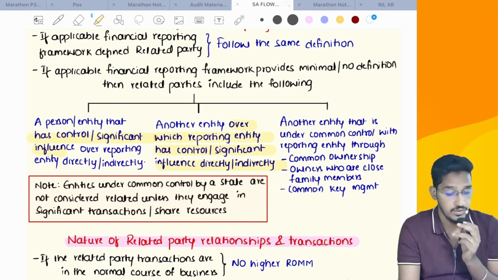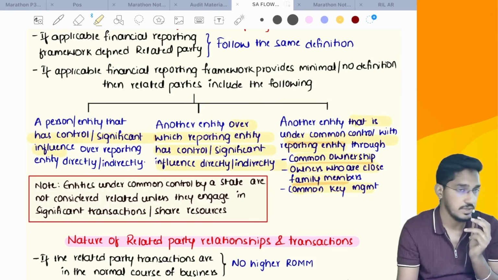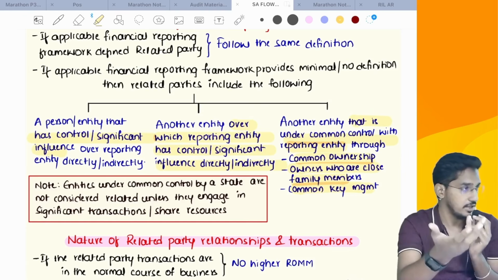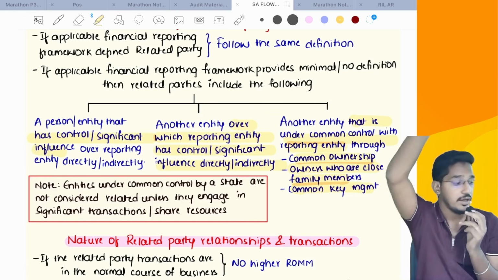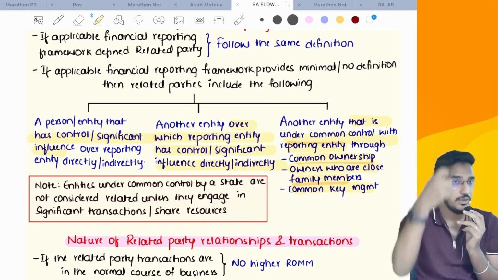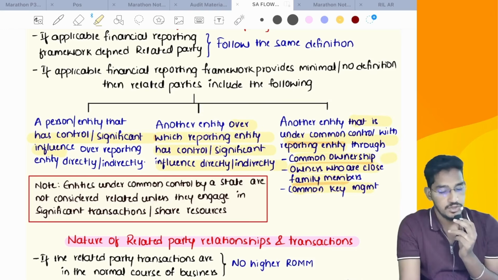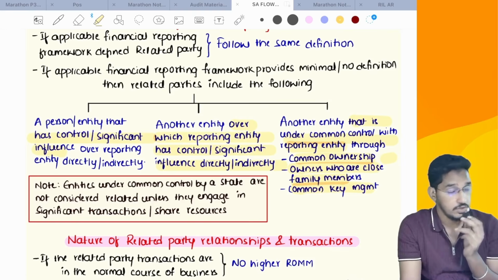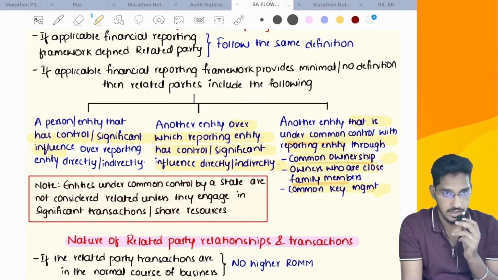And they say one more thing also: another entity that is under common control with the reporting entity, either through common ownership, owners who are close family members, or common key management. Basically, your client entity and some other entity are both under common ownership. A third party is controlling both. Then these two entities under common control will also become related, and that common control can be by way of common ownership, or the owners can be close family members, or even a common key management.